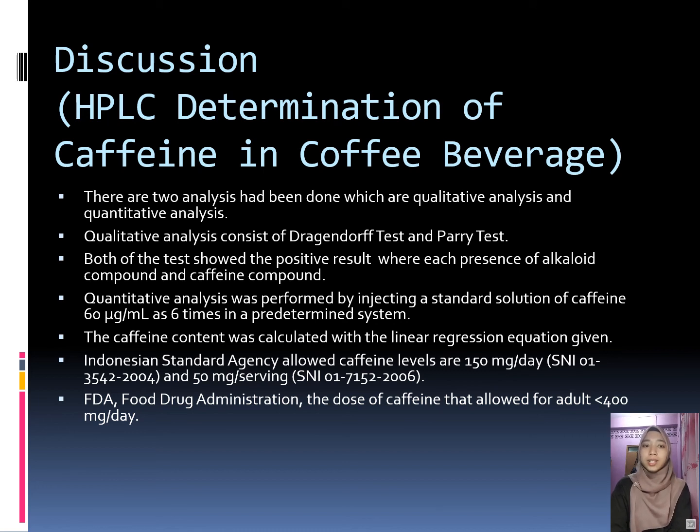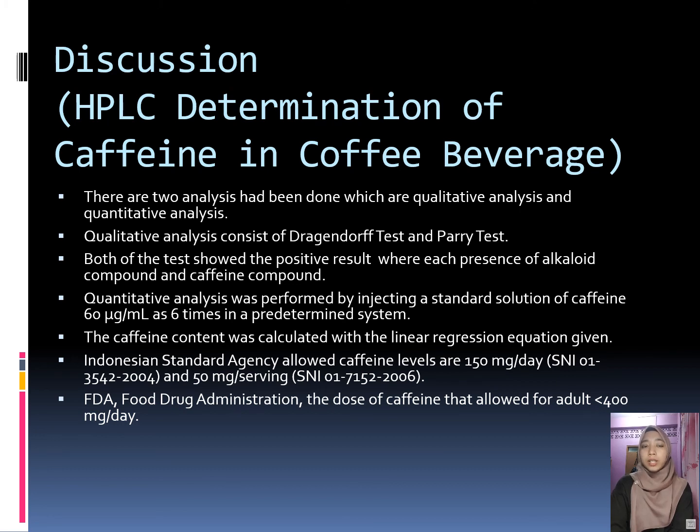According to the Indonesian Standard Agency, the caffeine levels allowed are 150 mg per day and 50 mg per serving. Besides, the Food and Drug Administration states that the dose of caffeine allowed for adults is below 400 mg per day.